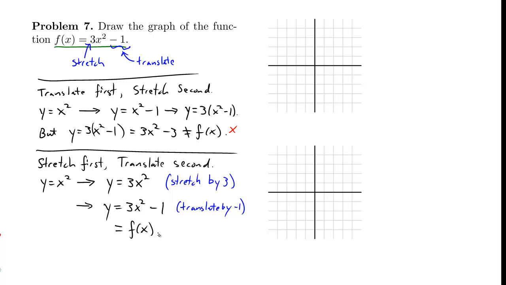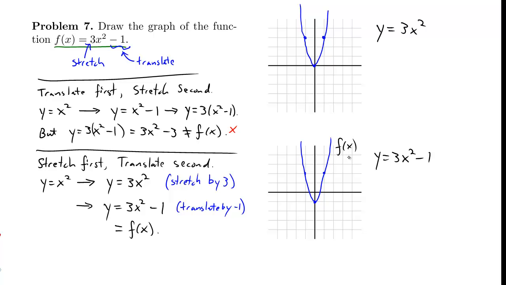So let's draw the picture that corresponds to these operations. We stretch first to get y equals 3x squared. And then we translate down by 1 to get f. So this is the graph for f.